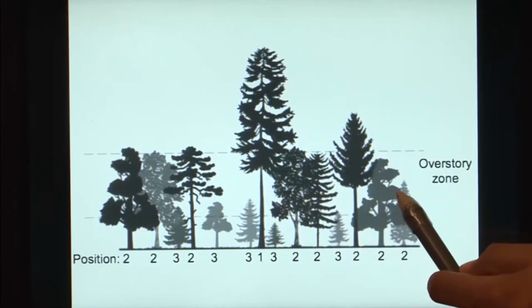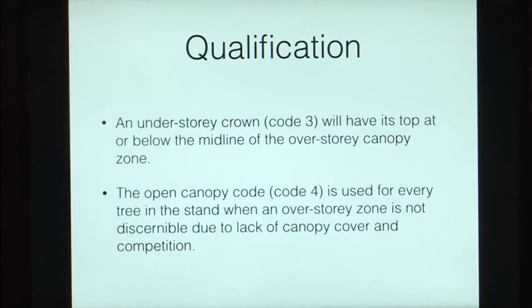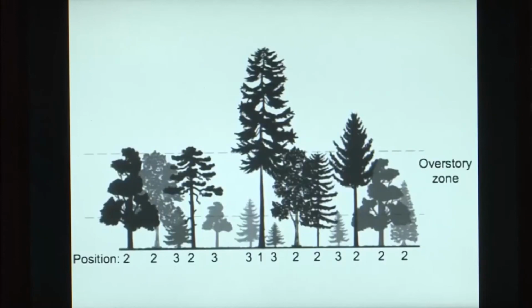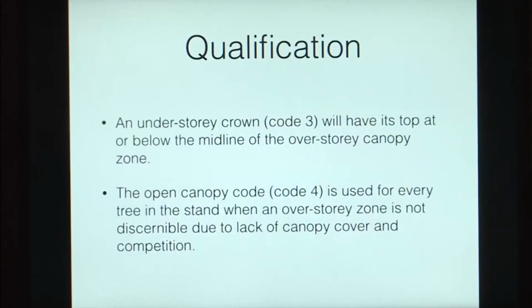For instance, these trees are class 2 trees. An understory crown or code 3 will have its top at or below the midline of the overstory canopy zone. So, the top is going to be at the midline or below the midline, then we will call it a code 3 tree or an understory crown.